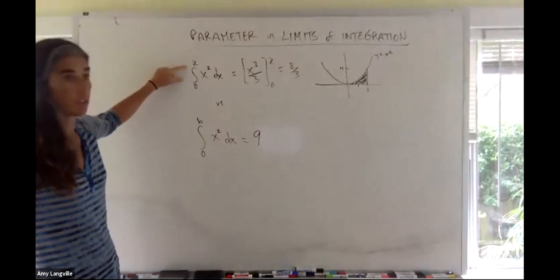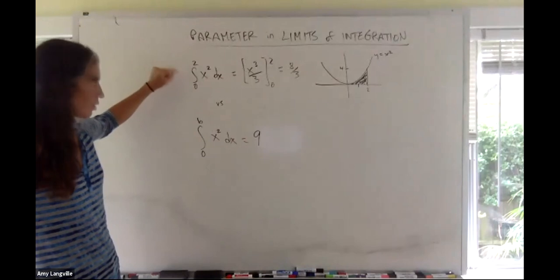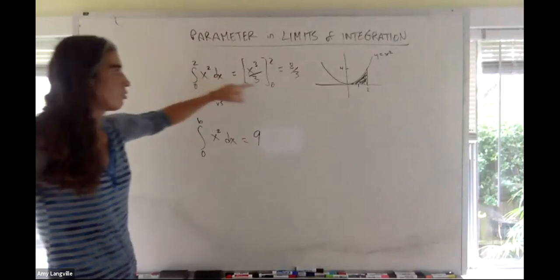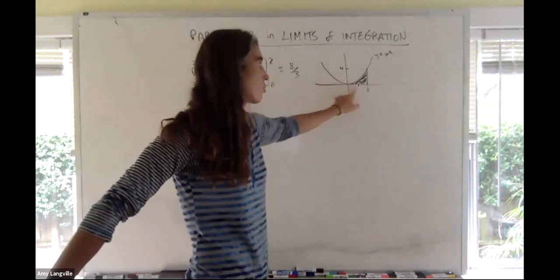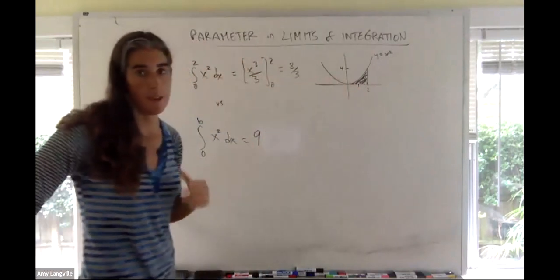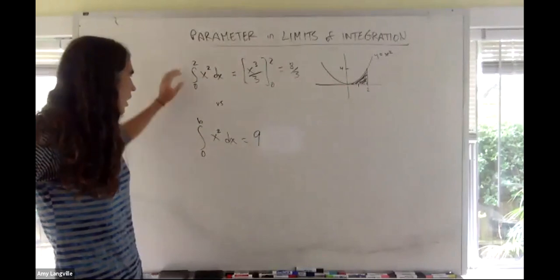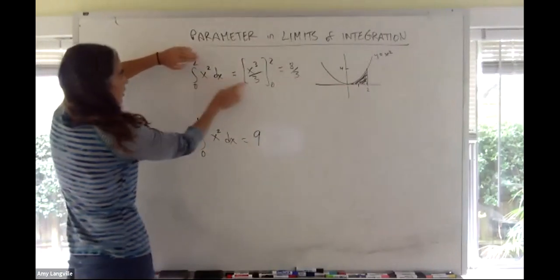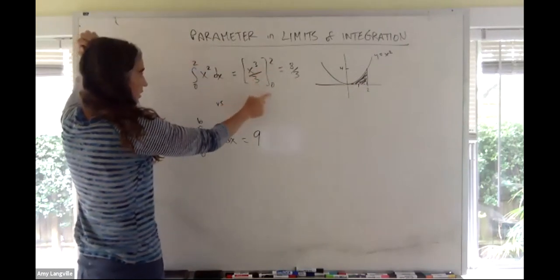In the first definite integral, you have to compute the exact area from x squared to the x-axis from 0 to 2. So it's this region. Every definite integral has a picture that goes with it. You start by doing the indefinite integral, you get the antiderivative, evaluate at the upper limit minus the lower limit.